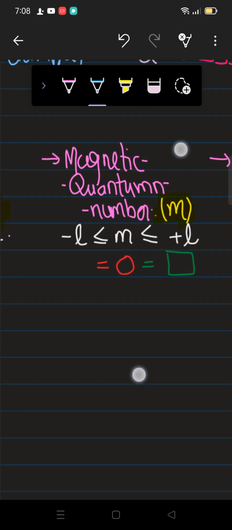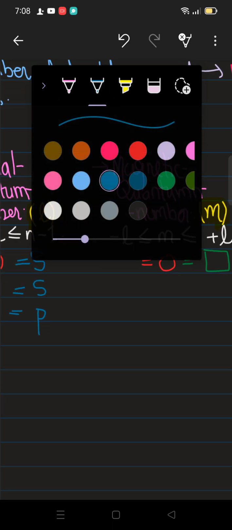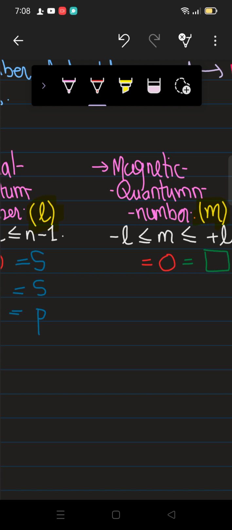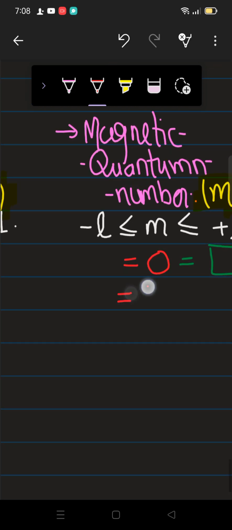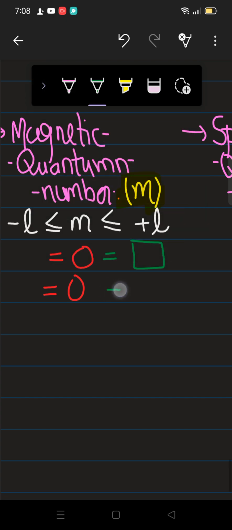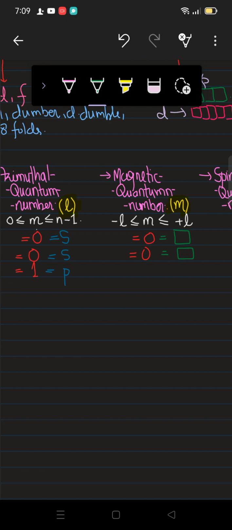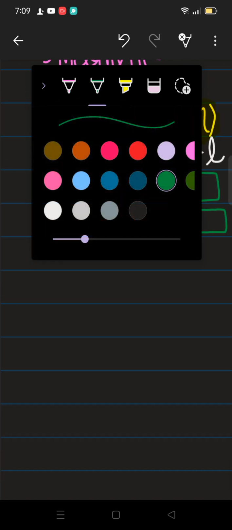Now see what value would be in the S here. We know that there would be only 0, and there would be only one orbital. Now see, minus l is less than or equal to m, and m is less than or equal to plus l.